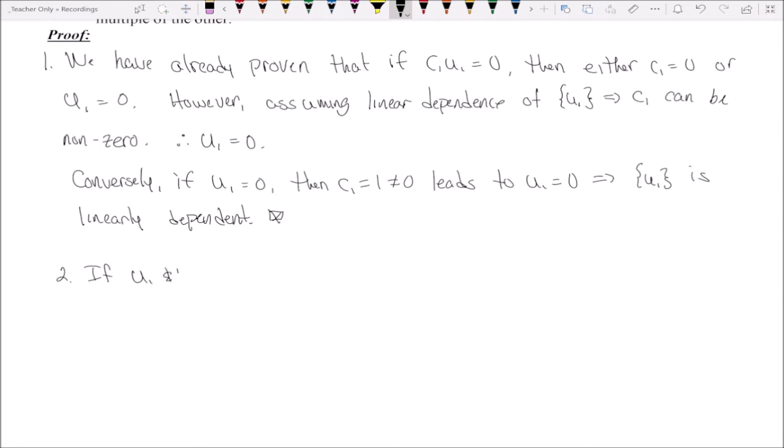If U1 and U2 are linearly dependent, then C1 U1 plus C2 U2 is equal to 0 has a non-trivial solution.